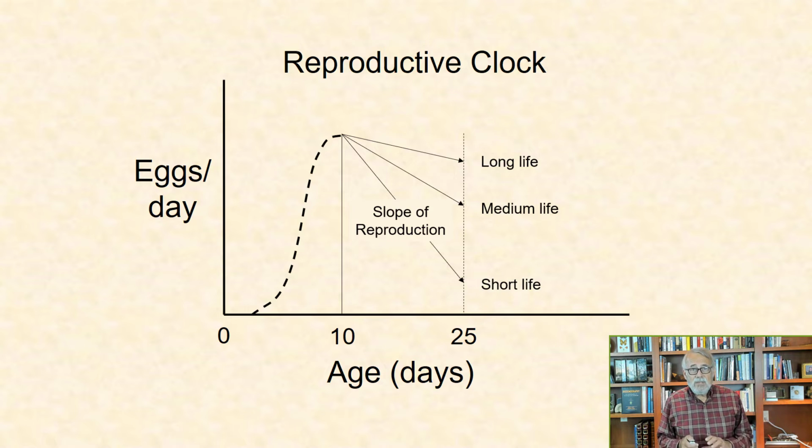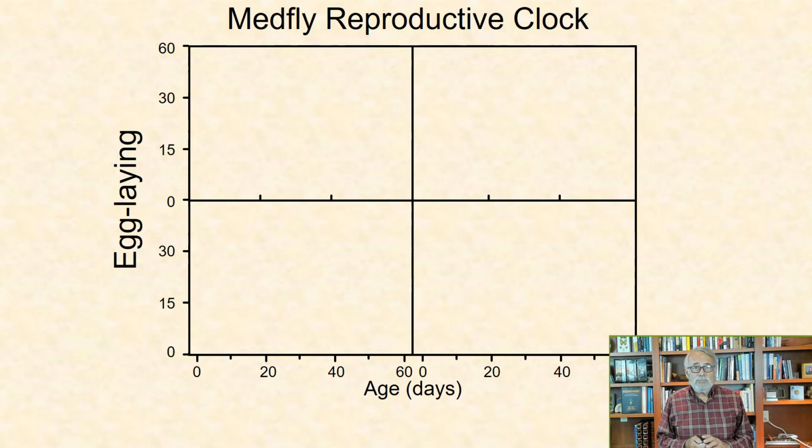On average, the flies whose reproductive output decreased slowly after day 10 lived longest, and flies whose egg laying rate decreased rapidly after day 10 lived the shortest.